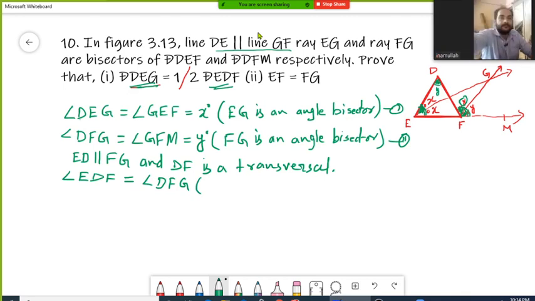So here I'll write alternate angle. This is my information number 3.